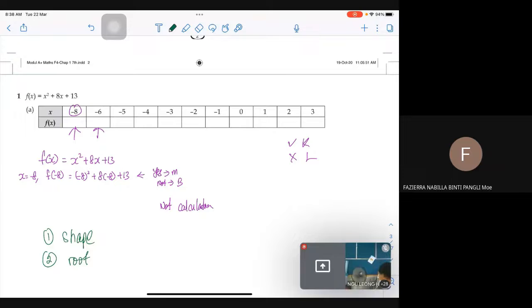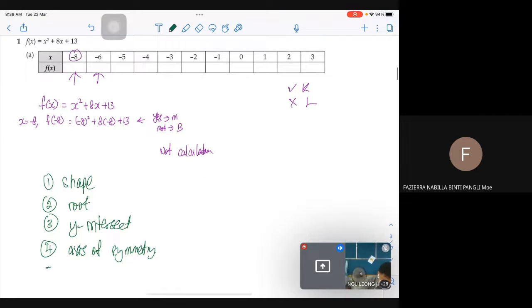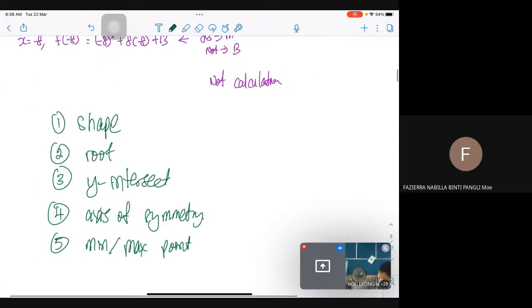The third, y-intercept, the one Mark asked about yesterday, and axis of symmetry, and also the minimum or maximum point, one point only. So for the shape, it's either U or N. How are we going to differentiate this one? Later on, I will explain to you.